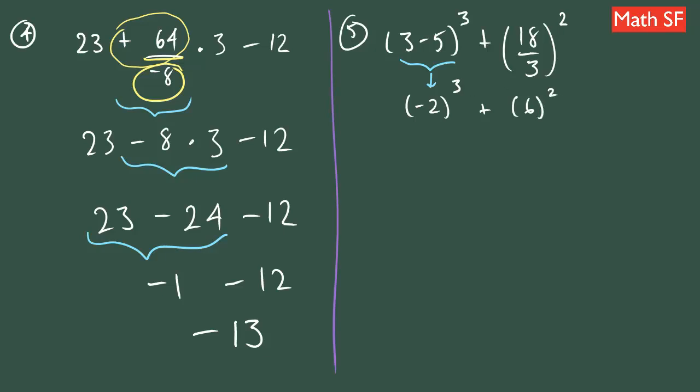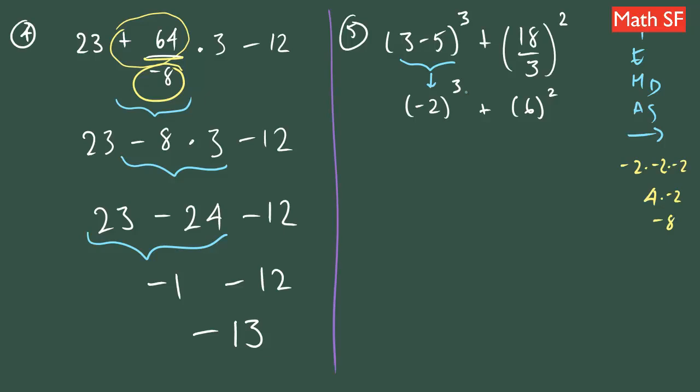Now, what is negative 2 to the cube? Recall that whenever you have an exponent, it's like you're multiplying itself as many times as you need. I forgot to write the GEMDAS here, so it should be GEMDAS from left to right. So let's do negative 2 times negative 2 times negative 2. Negative 2 times negative 2 is positive 4 times a negative 2 should give you a negative 8.